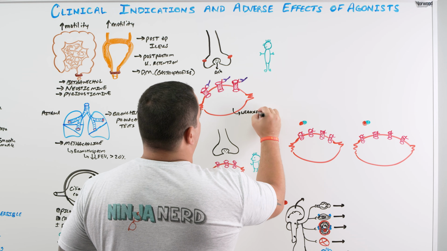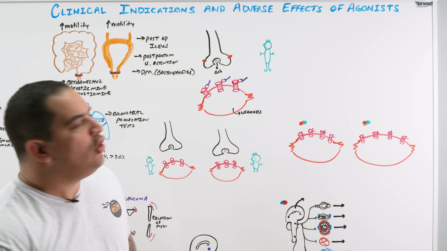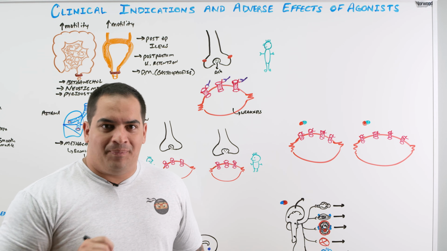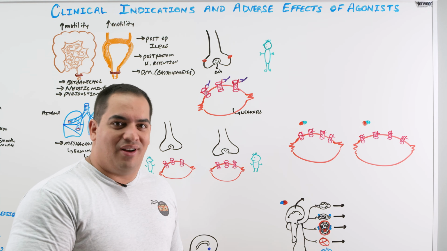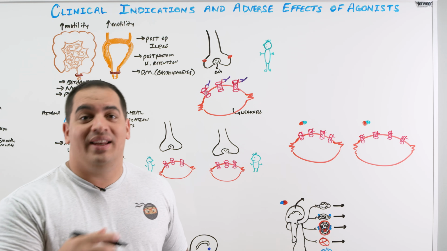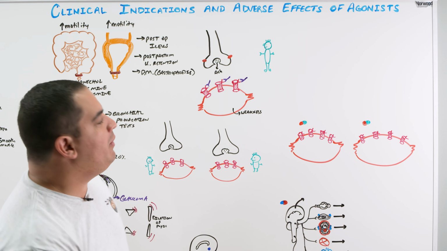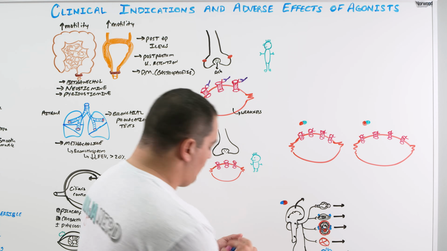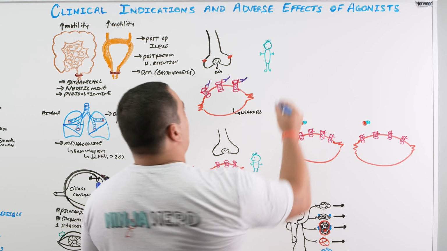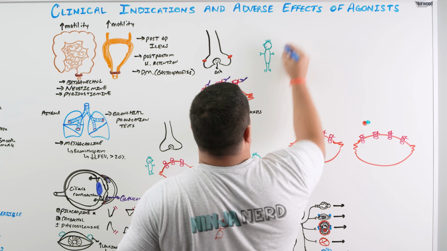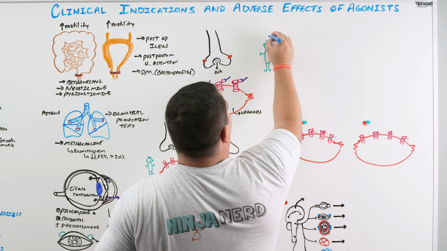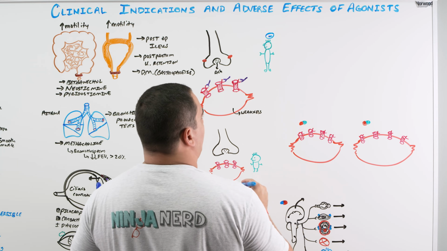And obviously, there are very specific muscles, but we're not gonna go down that route. What you need to understand is that we can utilize particular drugs to improve weakness in these patients. And so what we would do is give a couple different drugs, and they're all going to inhibit acetylcholinesterase.